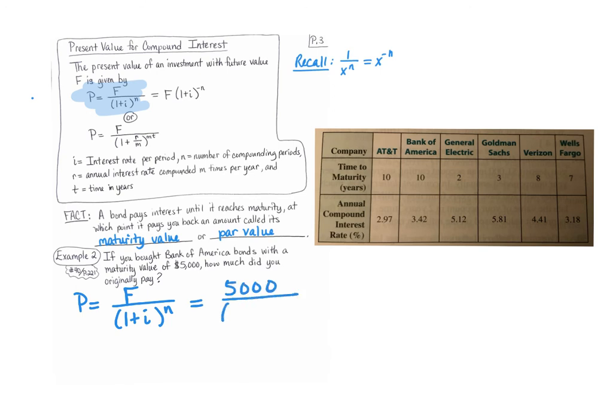We're going to divide that by 1 plus 3.42%, which is equivalent to 0.0342, all of that raised to the 10th power because of this 10 here.